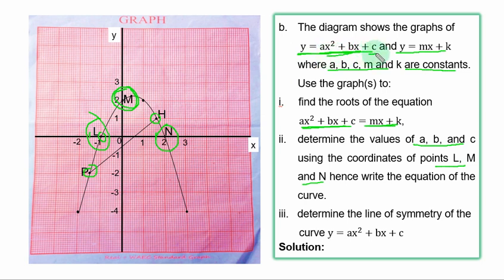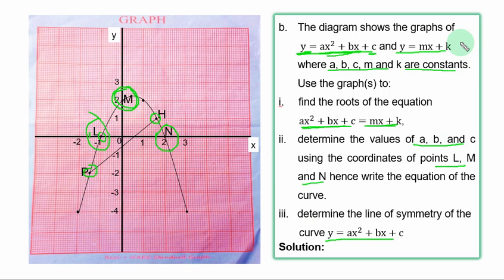That gives c equal to 2. So once you get c as 2, you use the other coordinates to form two equations. You solve them simultaneously for a and b so that you can write the equation. After doing that, it becomes very easy to get the line of symmetry of the curve.